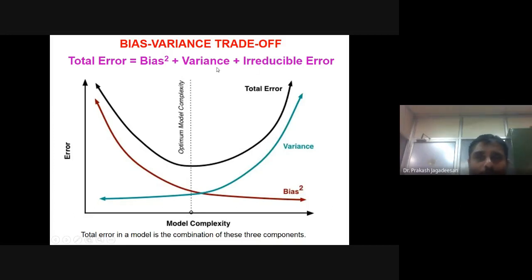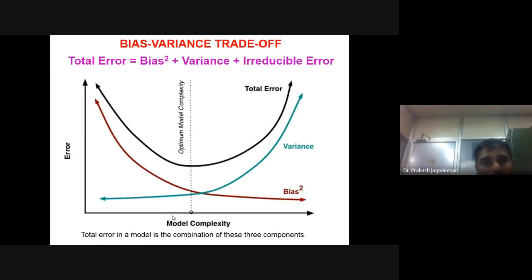So now what is important here is, if I increase the complexity of the model, let's say you're using a neural network with a single hidden layer, or 2 hidden layers, or 3, or more than 3, then the complexity of the model increases. So the model complexity increases as you increase the number of hidden layers in the neural network.